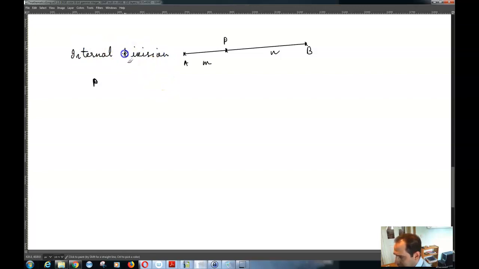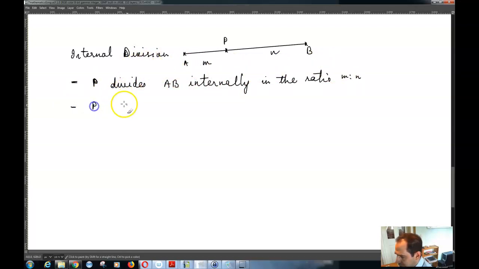So if you are talking about internal division, then if we say that P divides AB internally in the ratio m to n, this would be different from the case where you said, for example, P divides BA internally in the ratio m to n.